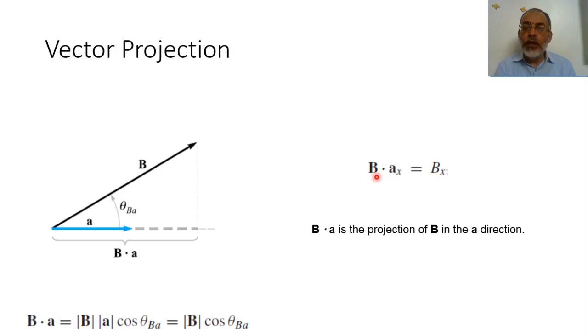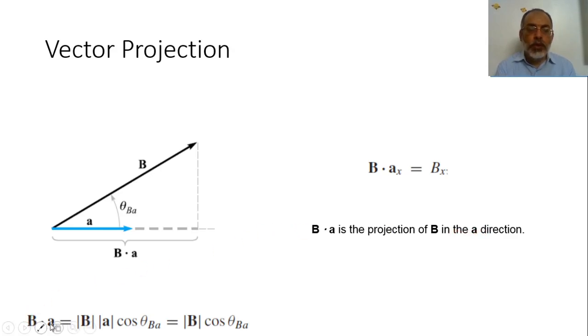So effectively, the dot product of B with the unit vector of AX is the projection of the vector B in the direction of AX. Or in other words, if I'm talking about any direction A, B dot A is the projection of the vector B in the direction of the unit vector A.